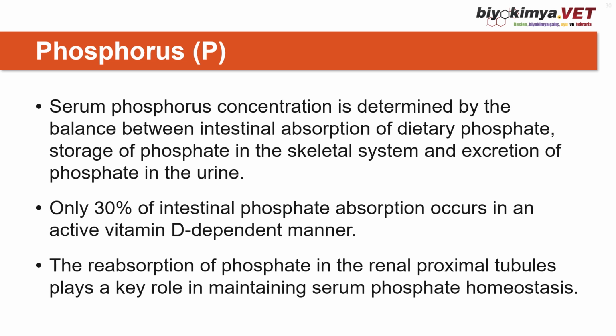The reabsorption of phosphate occurs in the renal proximal tubules. And renal phosphate reabsorption is under tight hormonal control. The hormones are parathyroid hormone, or parathormone for short, and fibroblast growth factor 23. And also there are some other hormones which require more study to understand their function.